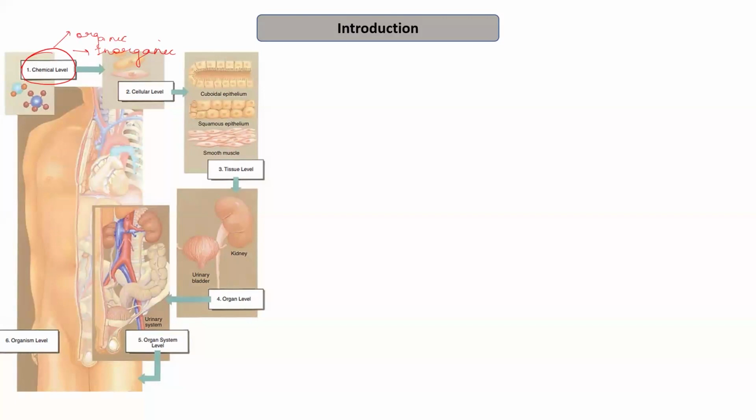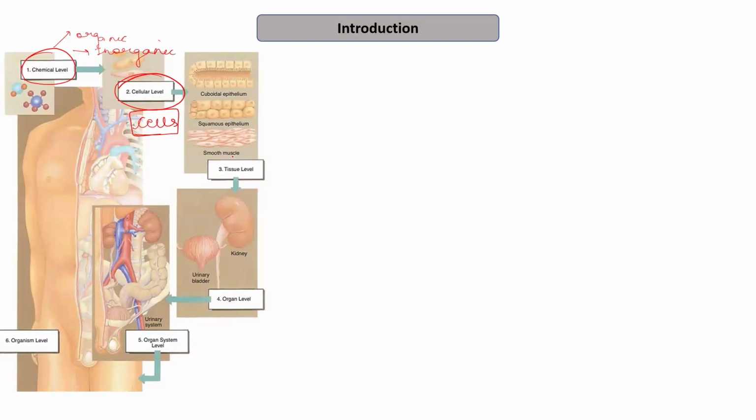For example, various amino acids like phenylalanine are present within the body of animals, and this is the chemical level. Then we have a cellular level, that is at the level of the cell. At the cellular level, we have various cells. We know that cells are the basic unit of life. They are the basic structural and functional unit of life, and they make up the living organism.